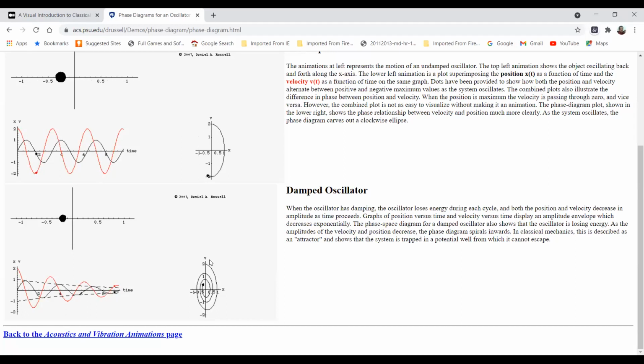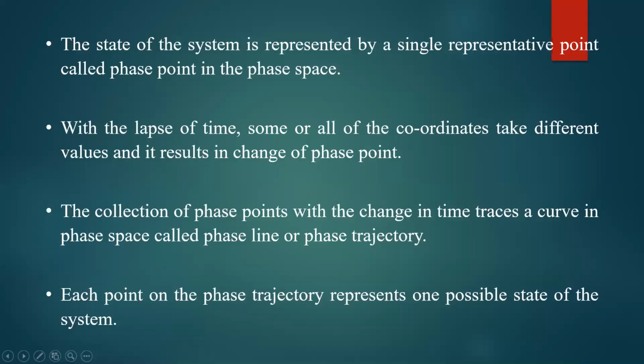Remember, phase space is a coordinate system having position coordinate and momentum coordinate. That is how we can understand phase space.